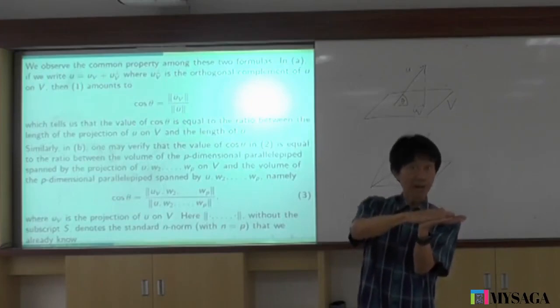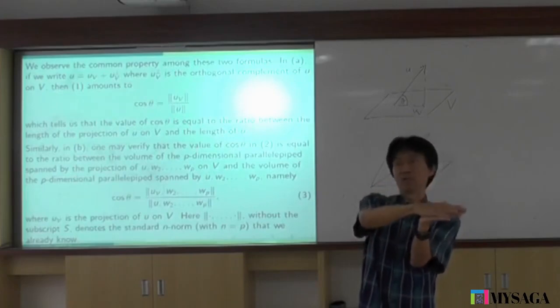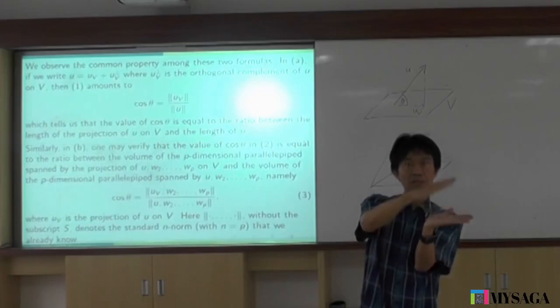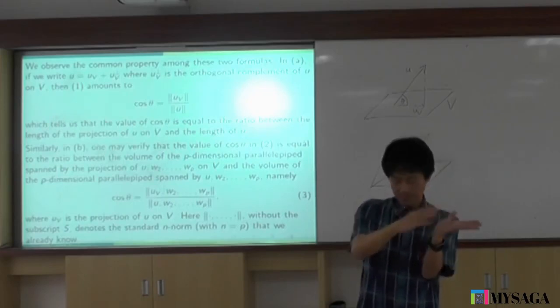So the area in general must be less than or equal to the original. If the two subspaces coincide, of course the area will be the same. But in general, it will be less. Okay?